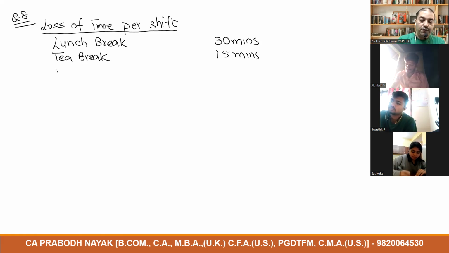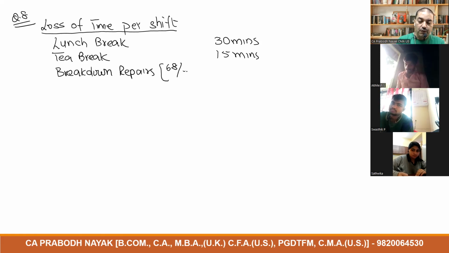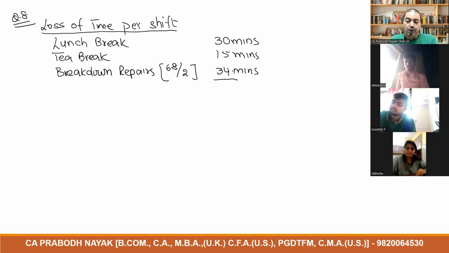Then breakdown repairs is there. It is 68 for 2 shifts. So per shift it will be 34 minutes. Correct now? So 45 plus 34 is 79 minutes total loss of time.